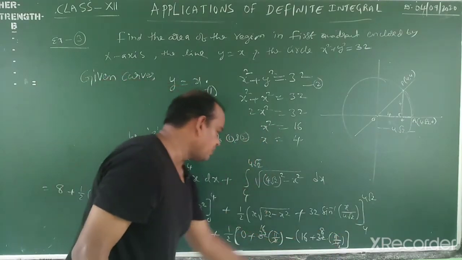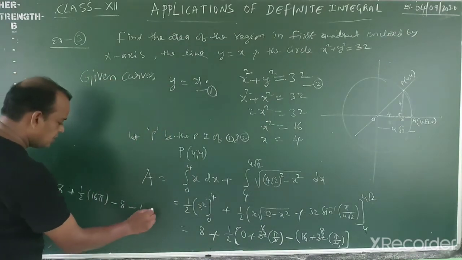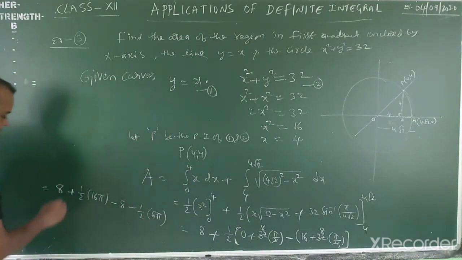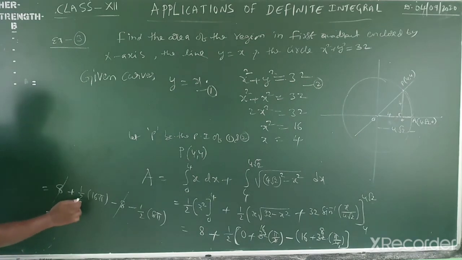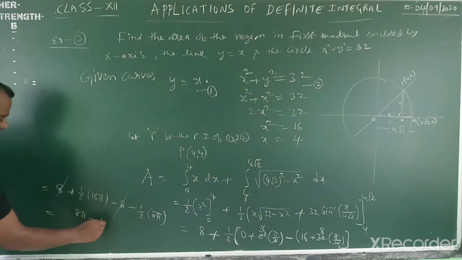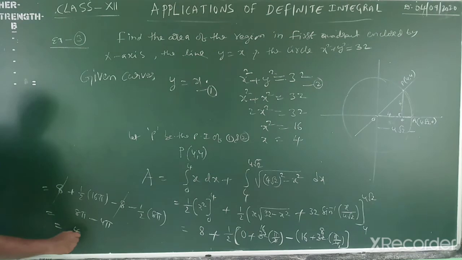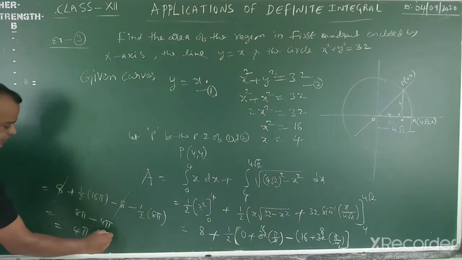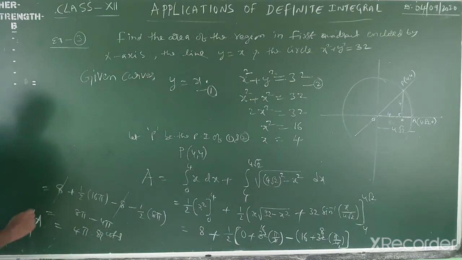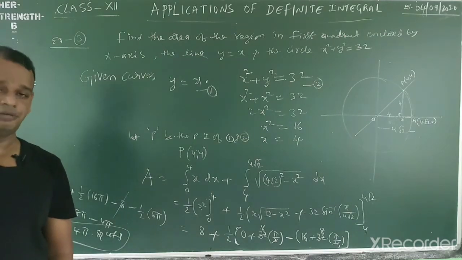Here plus 8 minus 8 cancel. This is 8 pi minus 4 pi. That is equal to, the answer is 4 pi square units. Therefore, area is equal to 4 pi square units.